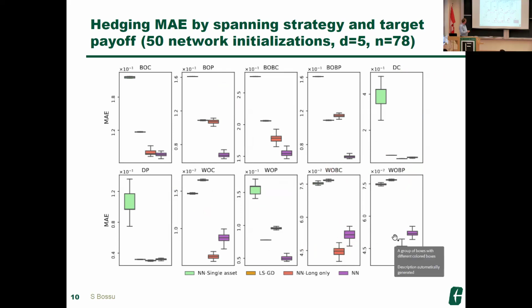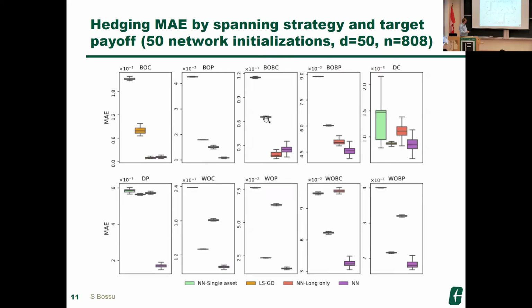And this is for 5 assets, that's our dimension D, and 78 options, running that for several network initializations. And then this is for higher dimension, 50 assets and 800 basket calls and puts. And so we got also very good results.